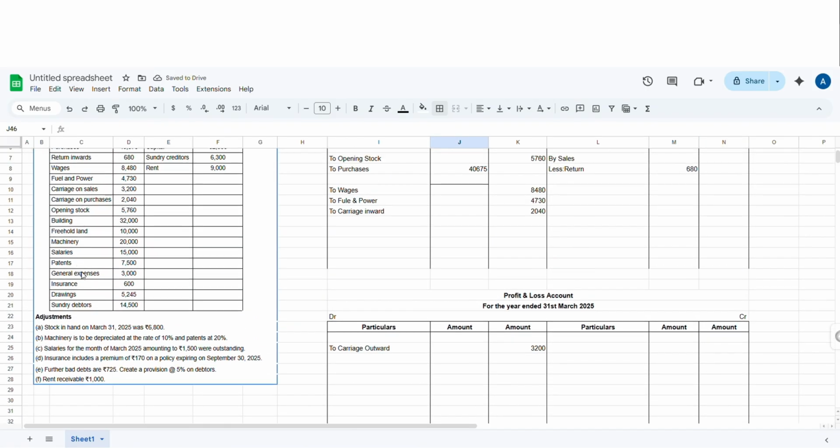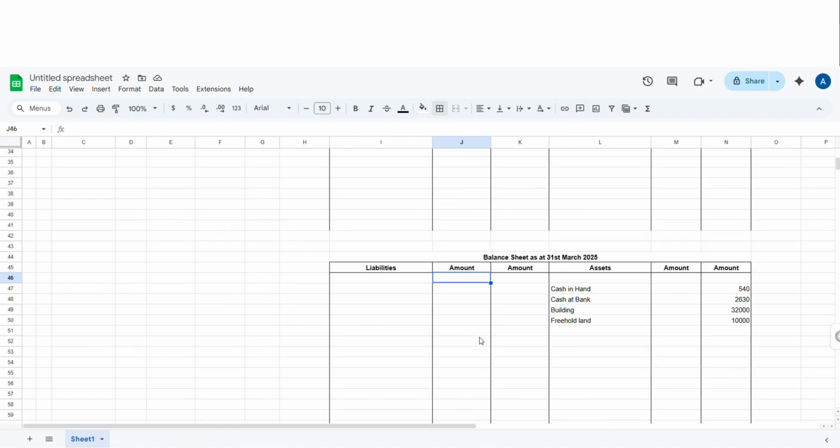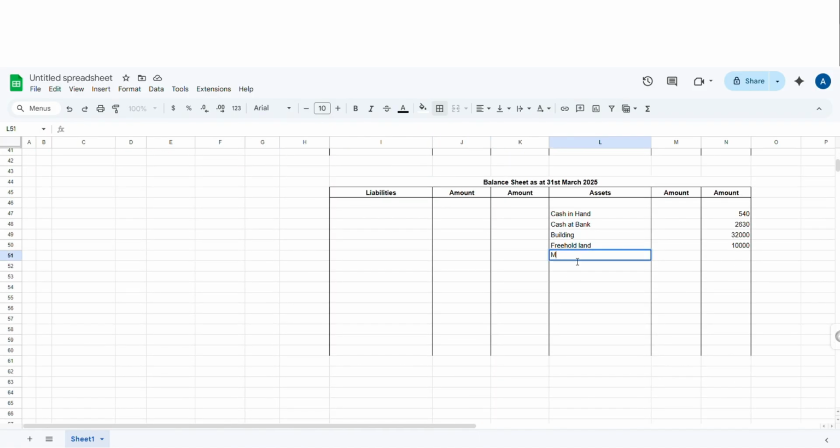Then we have machinery 20,000 rupees, and we have an adjustment on machinery. Machinery 20,000 is balance sheet asset side, because machinery is an asset.